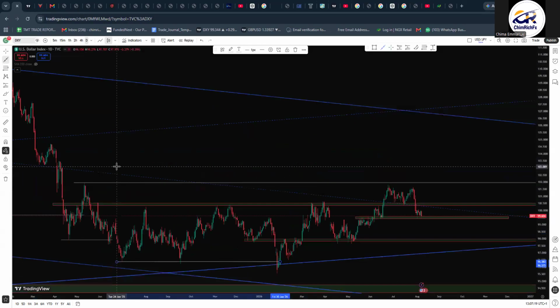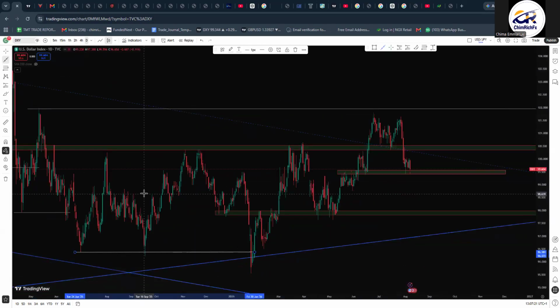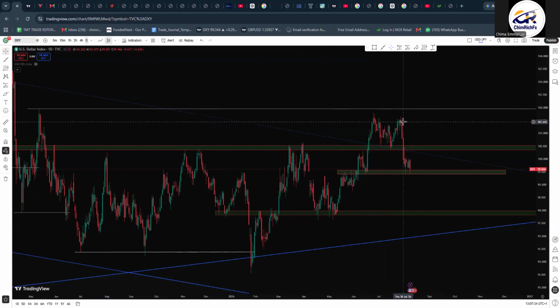So basically, we are looking at a market that looks like it doesn't want to buy, because after price tested this level, which is a very strong level, price broke it out.